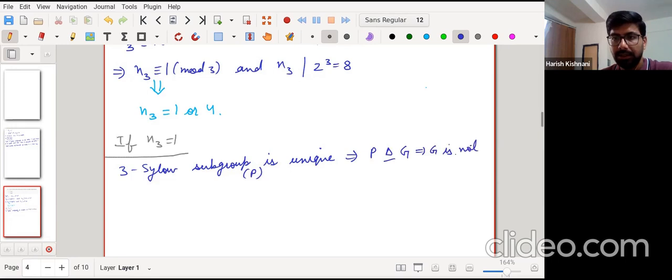So this case is handled very easily. Now, what if n3 is 4? This is a bit tricky case.